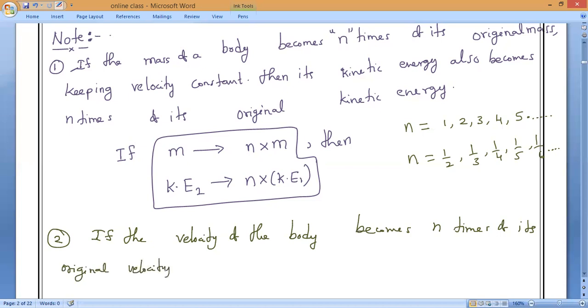By this time, which one is constant? Mass is constant, sir. Yes. Keeping mass constant.